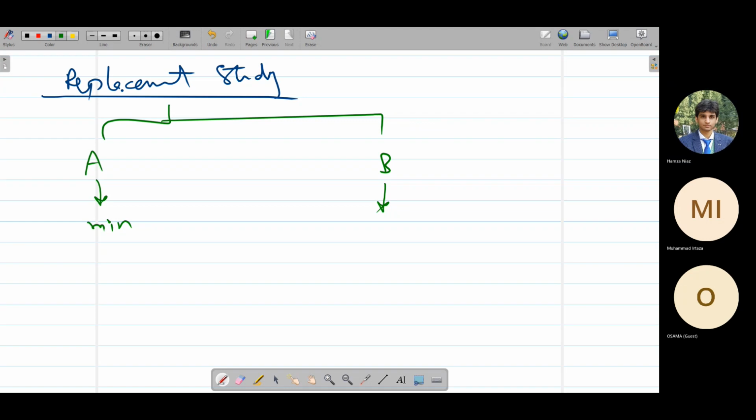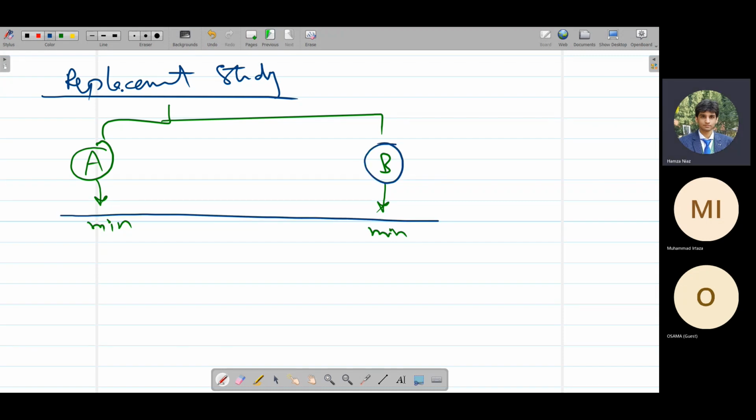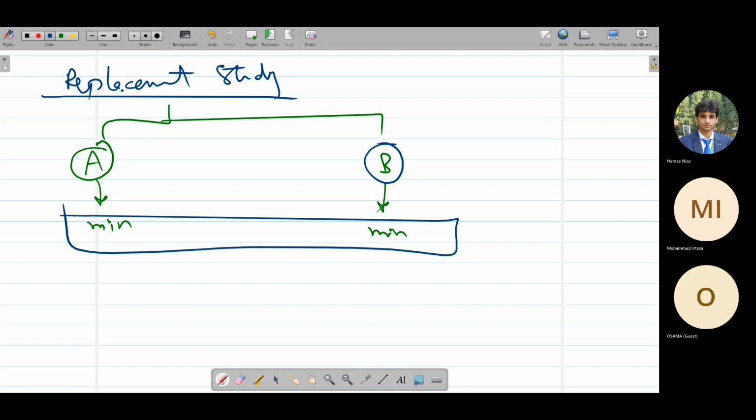So actually, we are going to replace A and get asset B to get the minimum cost.